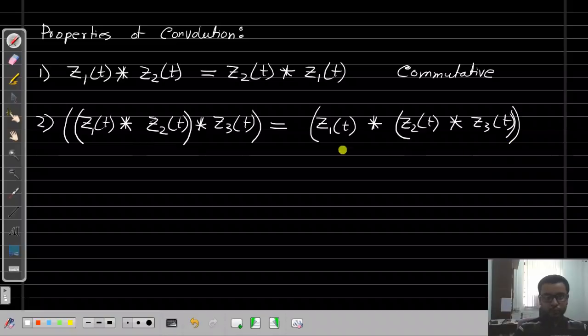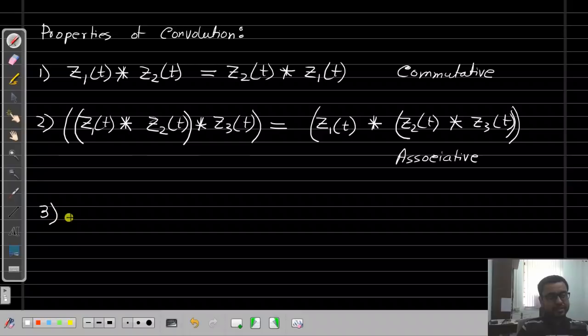So you can put this bracket anywhere, it doesn't matter. This is called the associative property. So you can associate these terms in any way, z2 with z3 first and then z1, or associate z1 with z2 then z3, no problem, same thing.